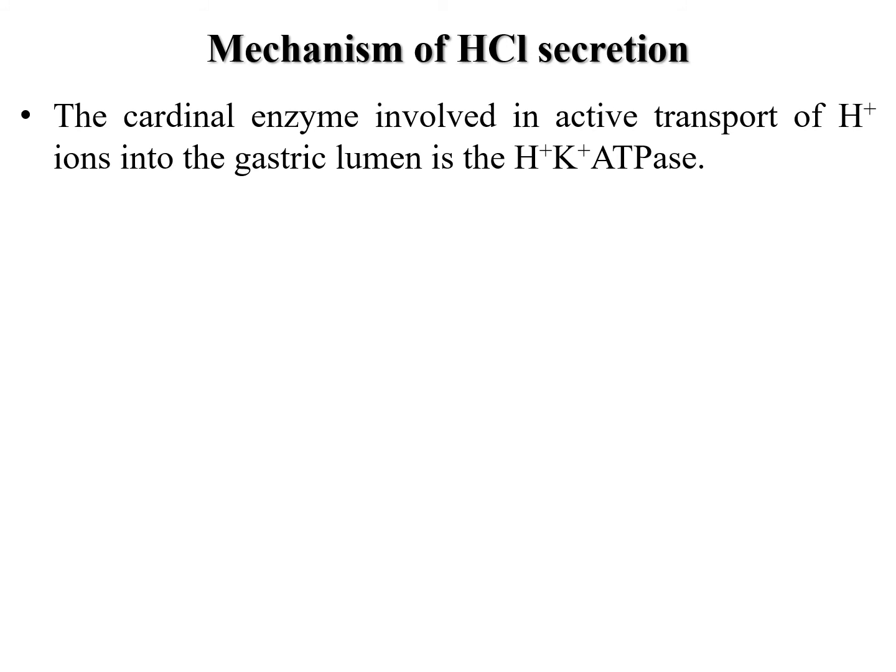Why a proton pump? Since it pumps out one H+, which is basically a proton, from the parietal cell into the gastric lumen. So the proton pump is the cardinal enzyme involved in H+ ion secretion by the parietal cell.